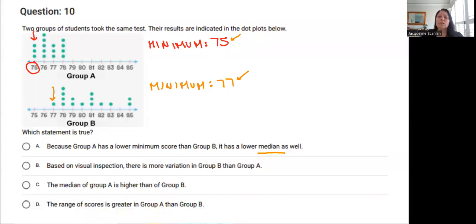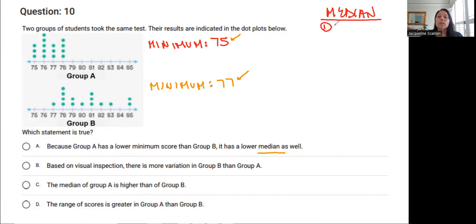All right, I now need to make sure I know how to find the median on a dot plot. This takes a lot of work. Watch how I do it. To find the median, I am going to first put my numbers in order.